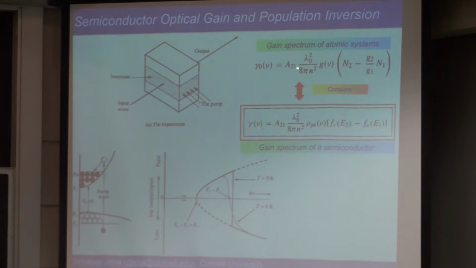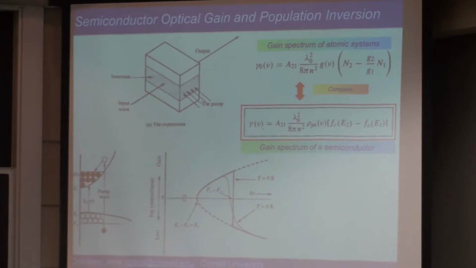It has the wavelength dependence, it has the spontaneous emission lifetime dependence, and instead of the line shape, we'll have what we're going to call the optical joint density of states, which represents both light and the matter of the semiconductor, or the atoms of the semiconductor. It will have the band gap of the semiconductor and some other details.